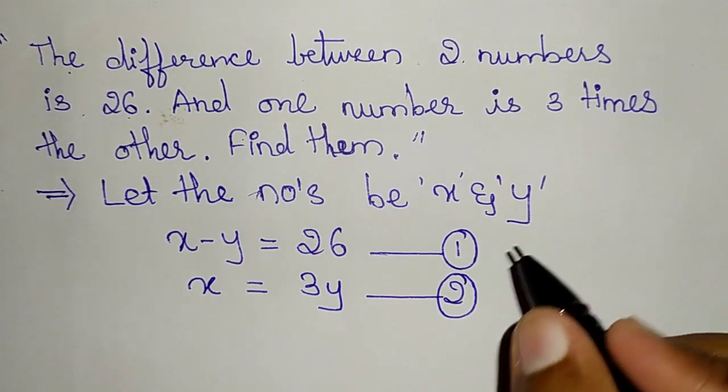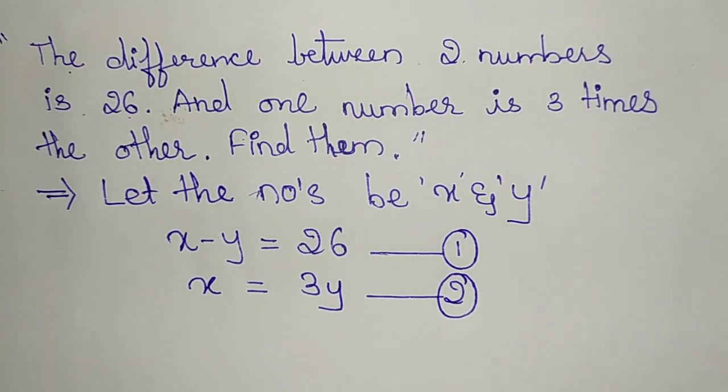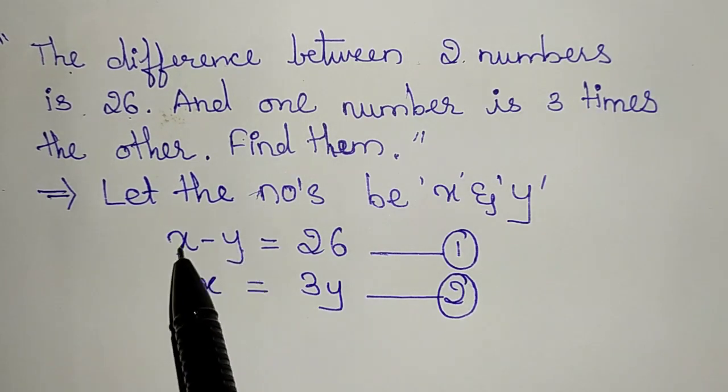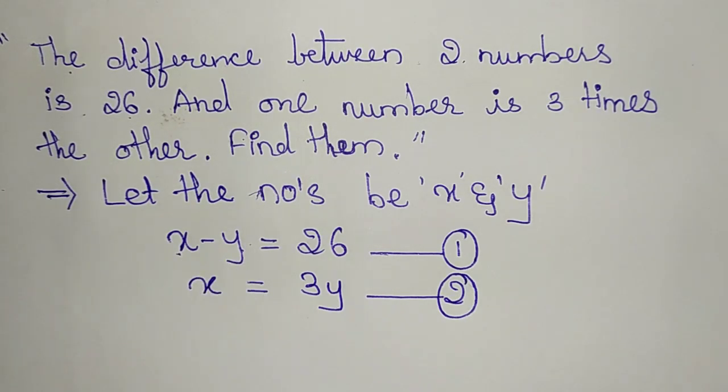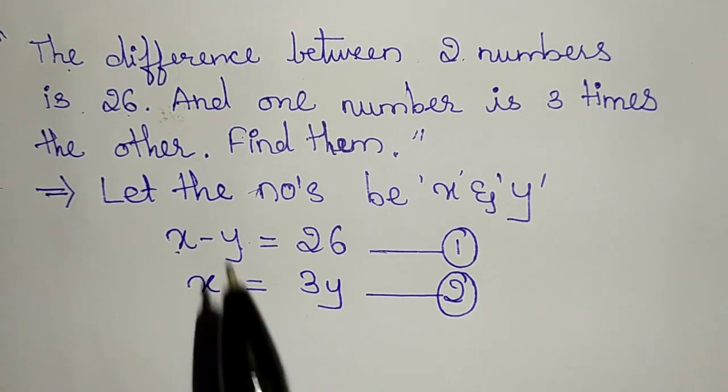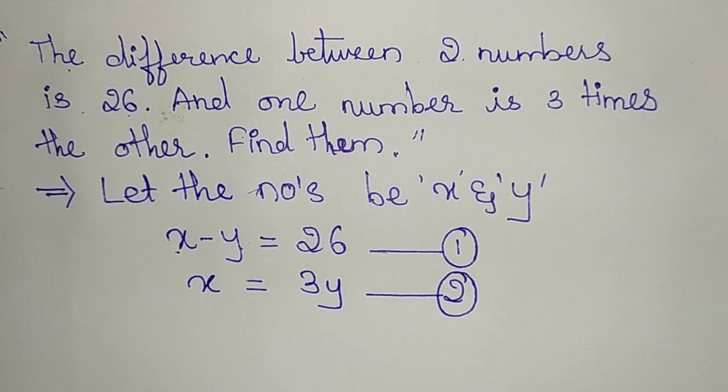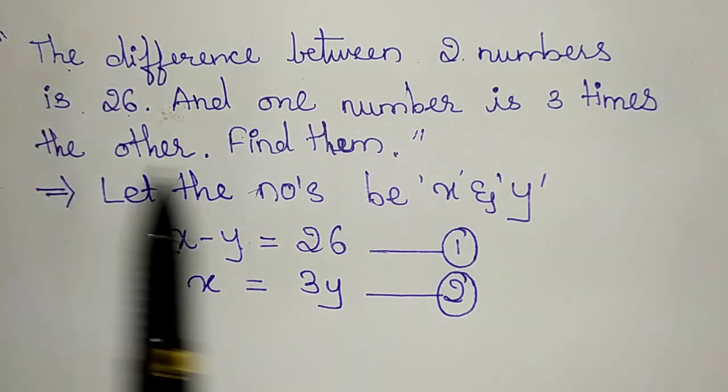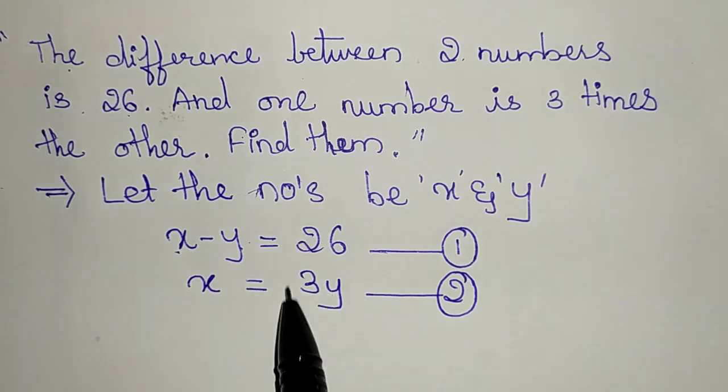Solving these two equations to get the values of x and y will give us the numbers whose difference is 26 and in which one number is 3 times the other. This is known as the algebraic representation of the given situation. Here we represented the real life situation in terms of two mathematical equations.